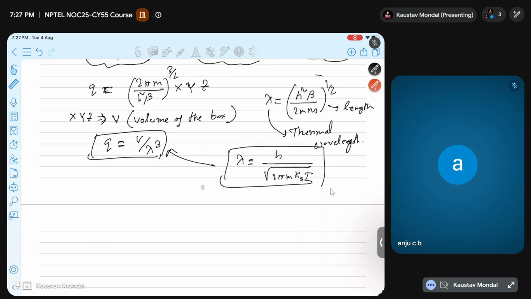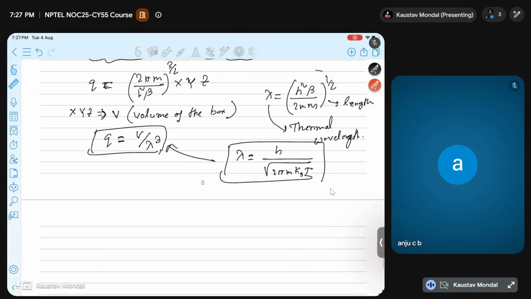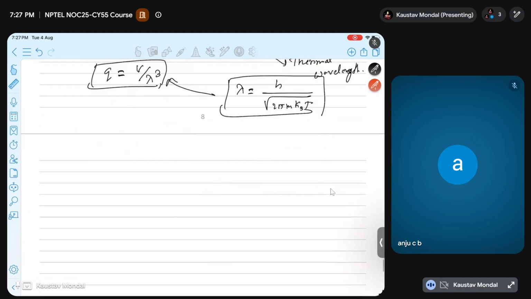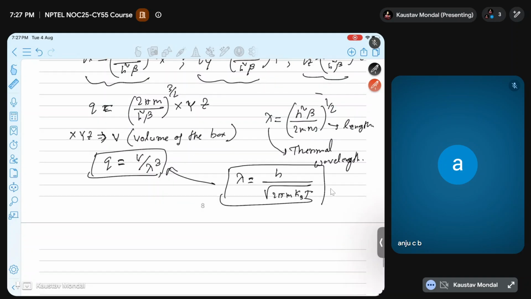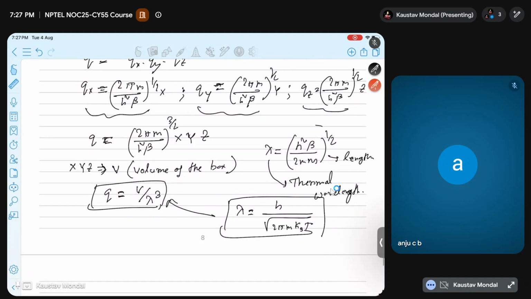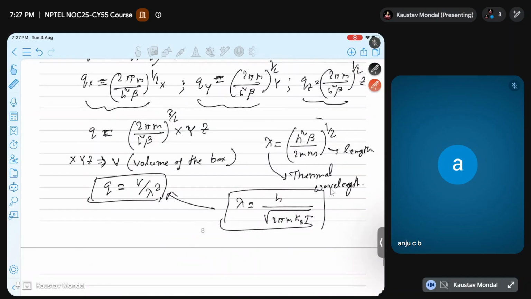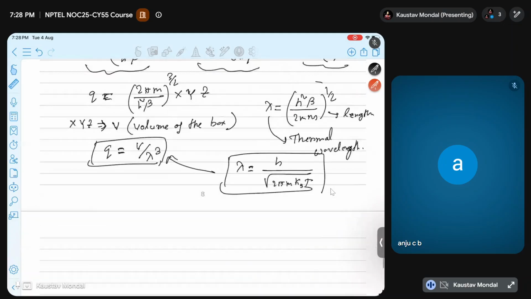So if you get the lambda of the particular system, you can calculate the partition function for 1D, 2D, 3D, and you also need the volume of that particular container or box to calculate q. Next we'll do some problems on this.